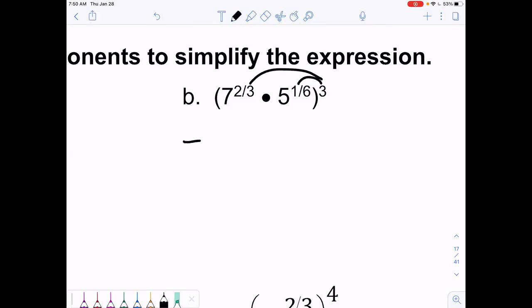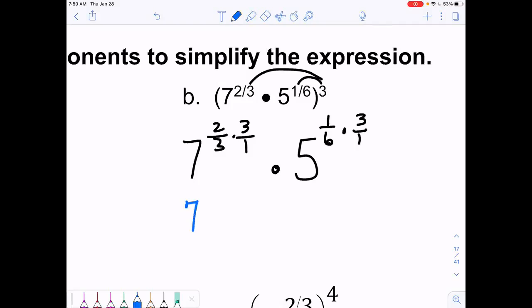So we're taking 7 to the 2/3 times 3. 5 to the 1/6 times 3. I'm writing this out for you physically to see it. After you get used to it, you probably don't need to think about that step, and your brain will just calculate it. Cody, what is 2/3 times 3? That would be 6/3.